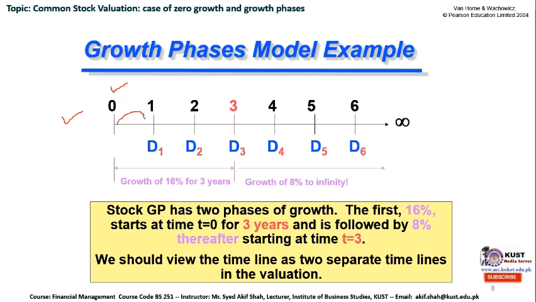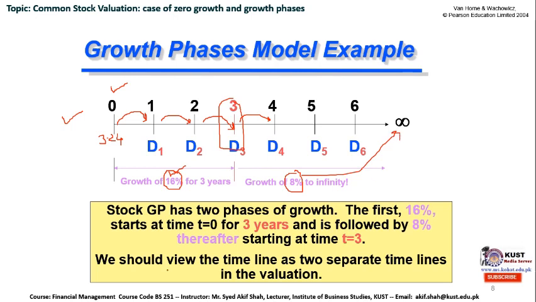The question states that the dividend will grow at the rate of 16% for the next 3 years, and D0 was 3.24. So it will grow at the rate of 16% for the next 3 years, up to the third time period, where the third time period will end. And hereafter, when the fourth time period starts, the same company's common stock will grow at the rate of 8%. For how long? Up to infinity.